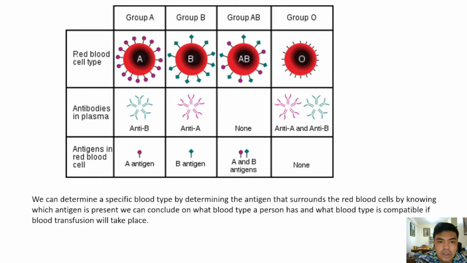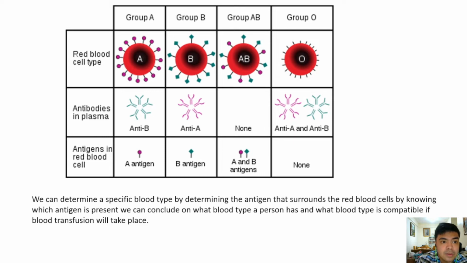In transfusion, we can determine what blood is compatible by knowing the antibodies which interact with the antigens. For example, if we have an A blood type, we have anti-B, which interacts with what blood type? Of course, it's type B blood. So if type B blood comes to an A blood type, the anti-B will destroy the B blood.